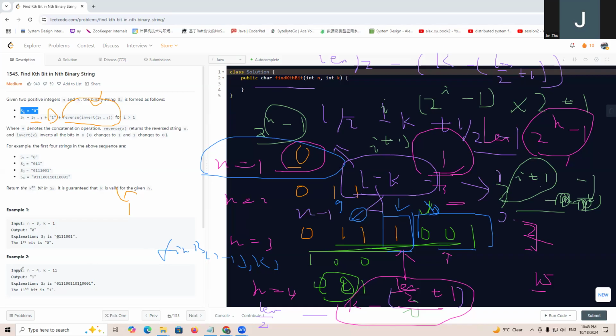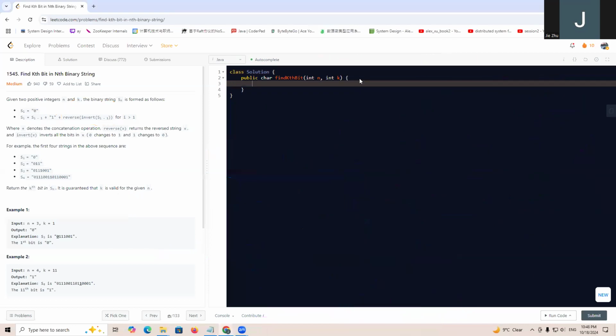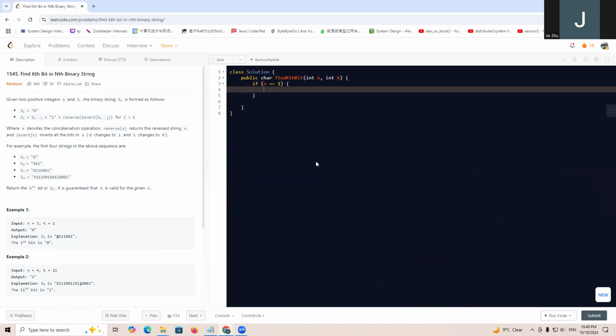So let's write code for this. If n equals 1, k can only be 1, so just return 0.